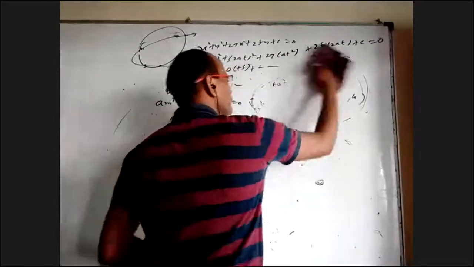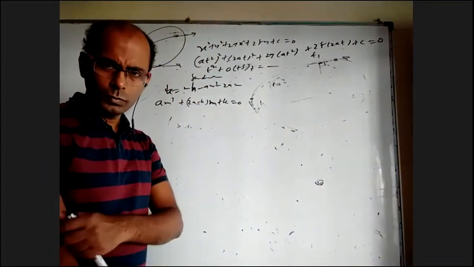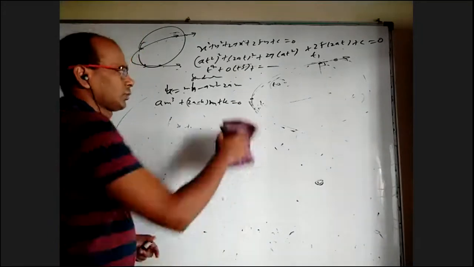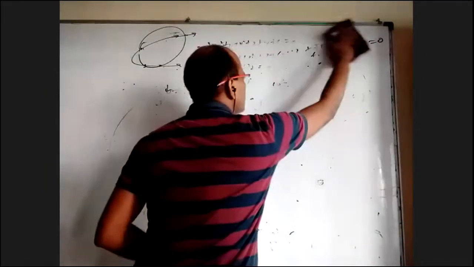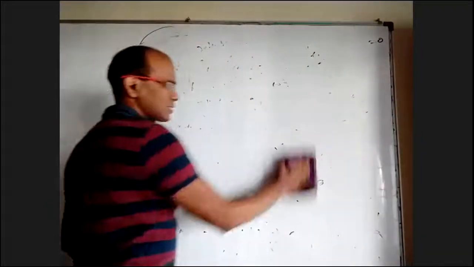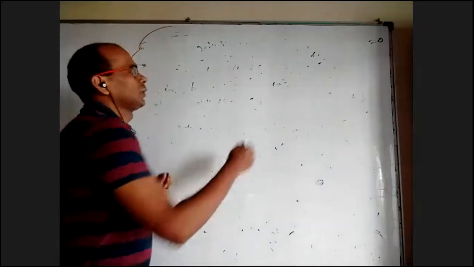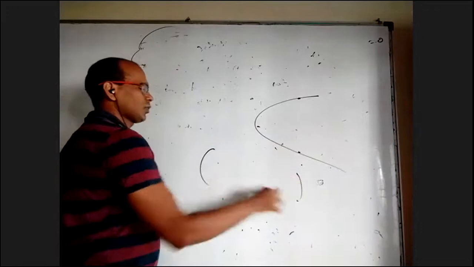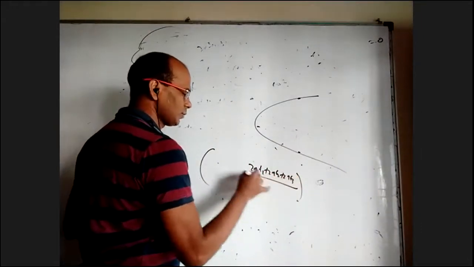Three points are there and a triangle is formed. They are co-normal points, and their centroid will lie on the x-axis. Why? If these are the 3 points, what is the centroid's y coordinate? (2at1 + 2at2 + 2at3)/3.